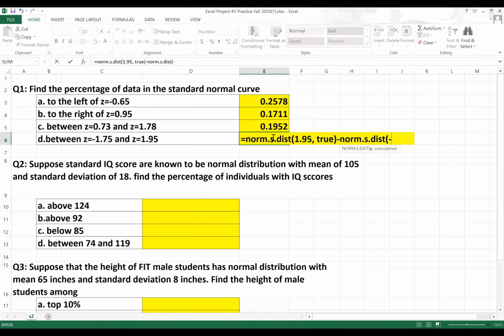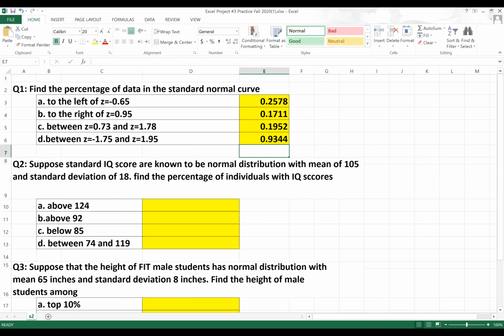Put in the smaller z-score, negative 1.75. Still argument true. And enter. Let's give us the answer. All right, and then put it in, right? We got it.